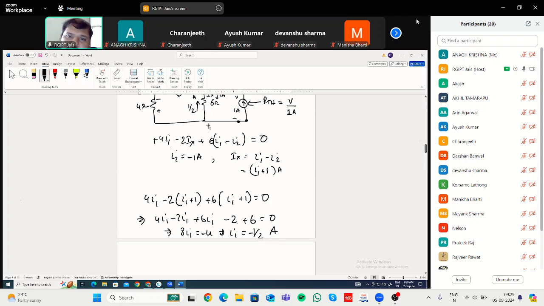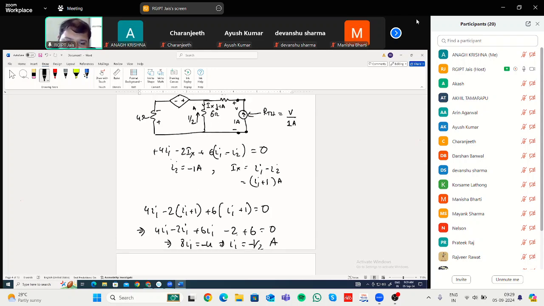So the net current through this 6 ohm resistance will be 1 ampere minus half ampere, that is half ampere. Net current will be flowing from top to bottom, and it will be half ampere.